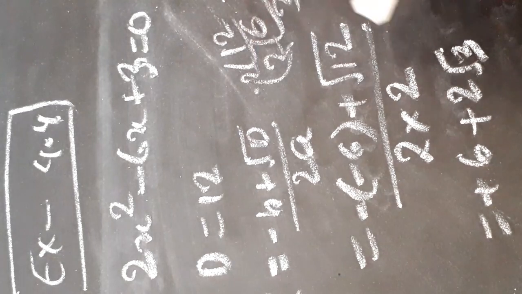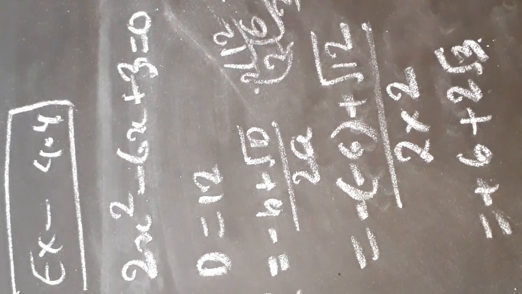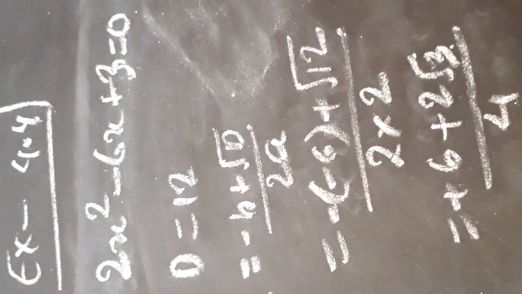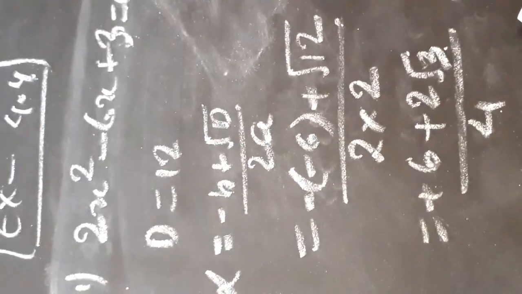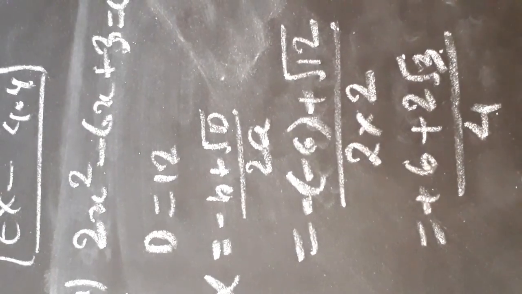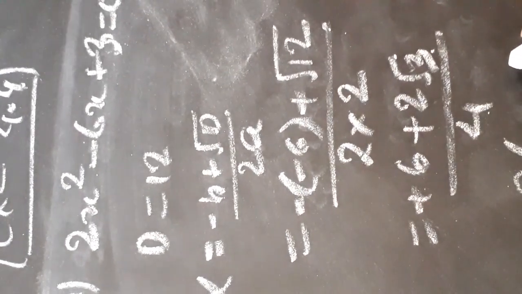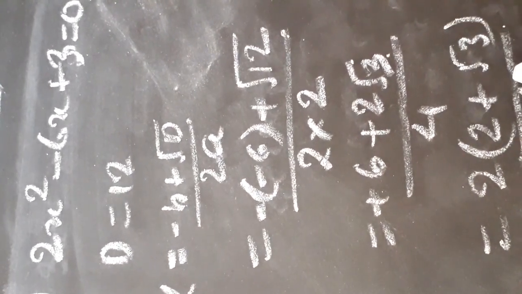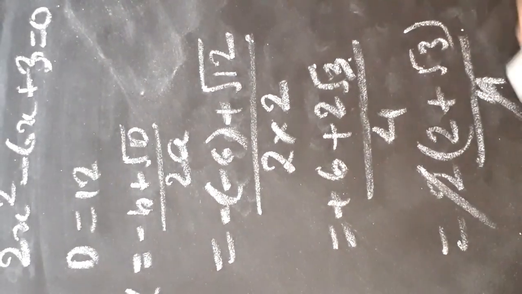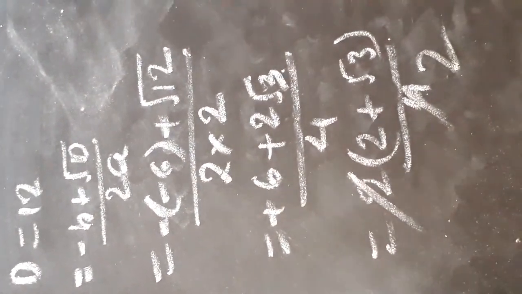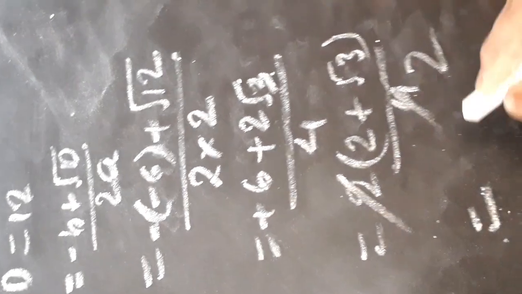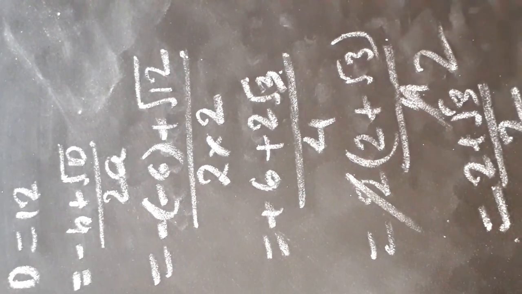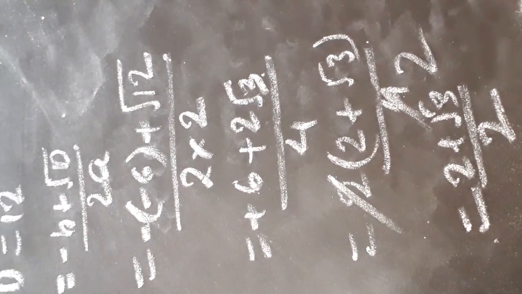So 2 comes out, and it becomes (6 + 2√3) upon 4. Now we take common 2, then it becomes 2(3 + √3) upon 4. The 2 and 2 get cancelled, 2 times 2 is 4. Then alpha = (3 + √3) upon 2. We have got the value of alpha.